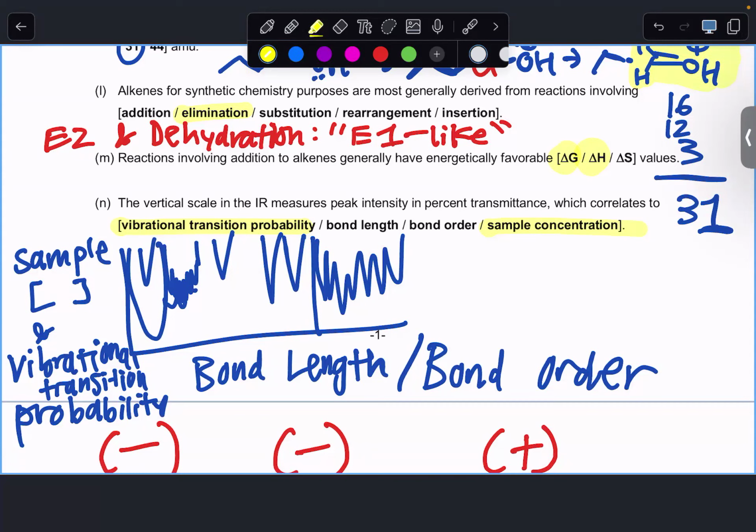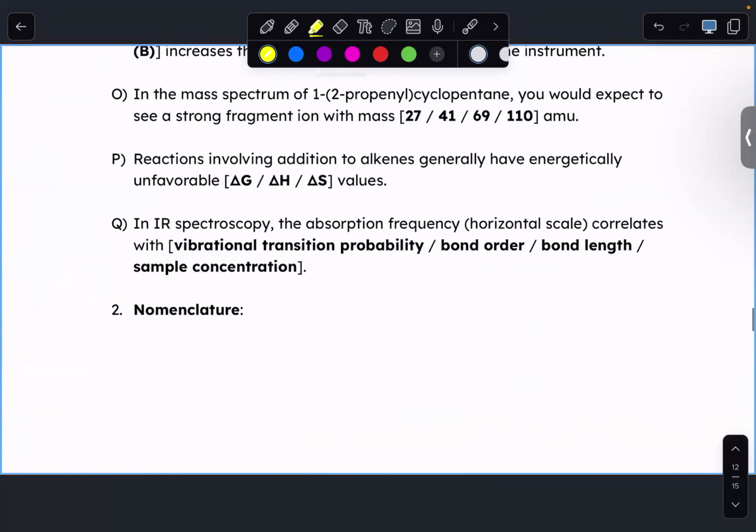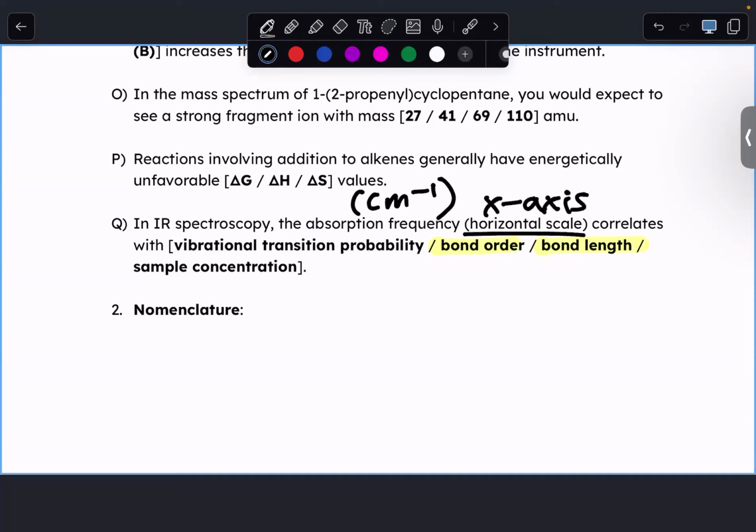The horizontal would be bond length and bond order. That measures the absorbance. Right? The units of that would be inverse centimeters for the x-axis. Bond order and bond length for the horizontal scale, or the x.